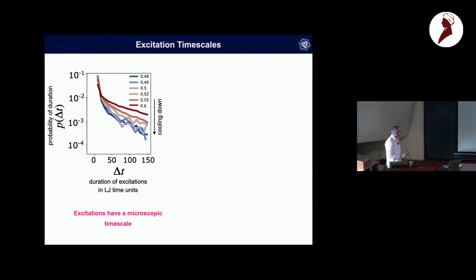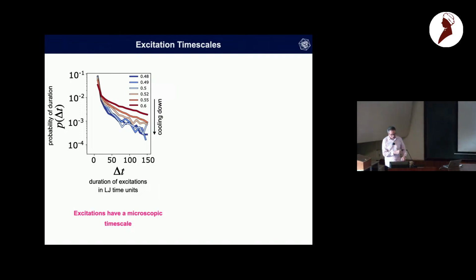So what do I mean by a microscopic time scale? Here, I mentioned there's this thing, delta T. This is the time scale of the excitation. And at high temperature, there's a distribution. There's also a distribution at low temperature, but it seems that the long delta T tail is going away at low temperature. What I mean by this is that the excitations become a little bit shorter at low temperature.